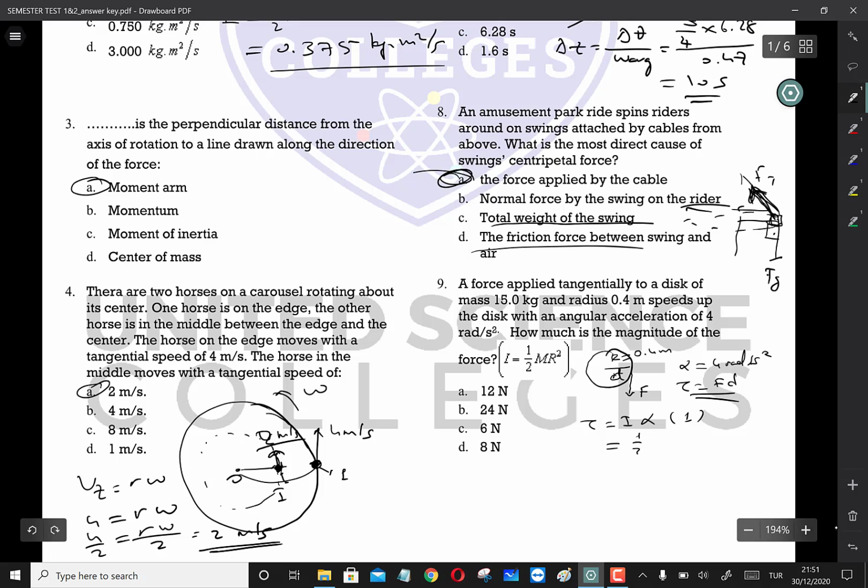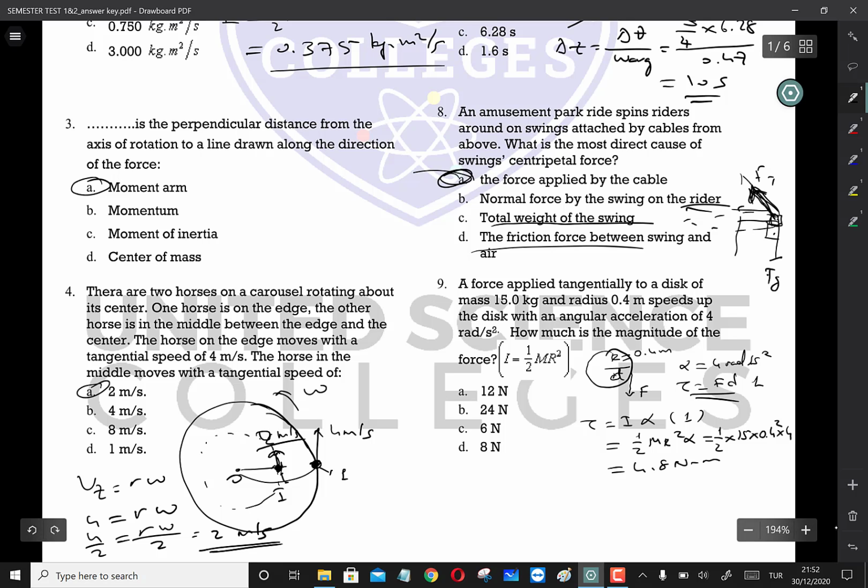I is 1 over 2 m r squared multiplied by alpha. 1 over 2 is 0.5, m is 15, r is 0.4 squared, multiplied by alpha, which is 4, which is equal to 4.8. Torque is 4.8 Newton meter.